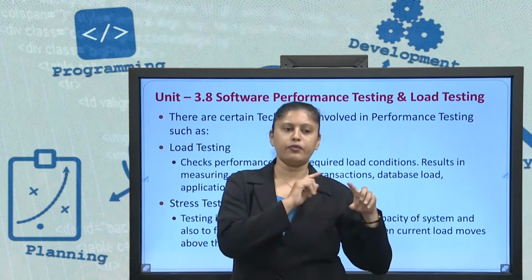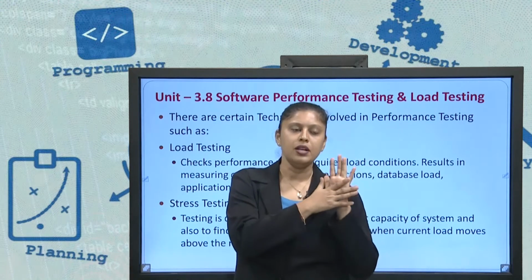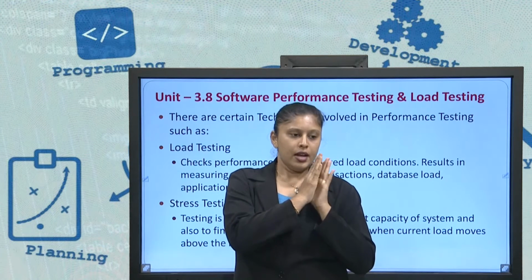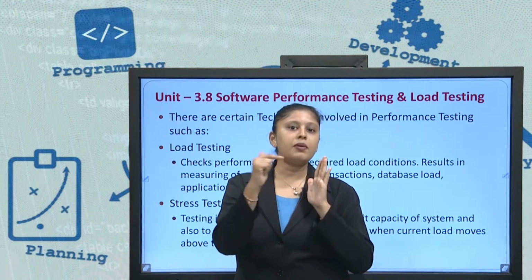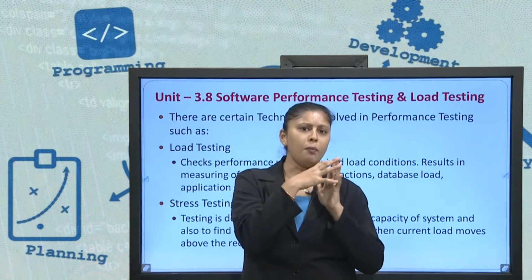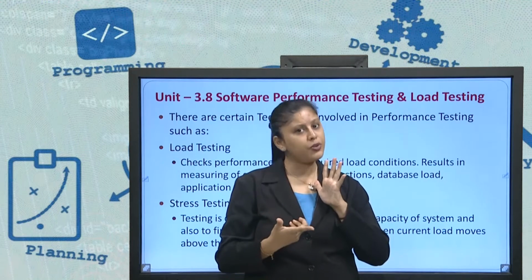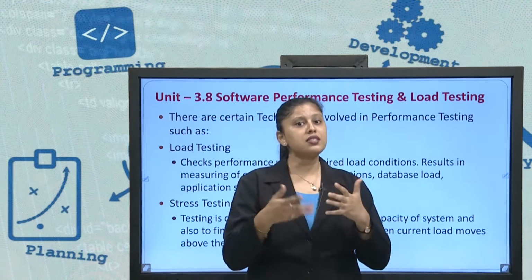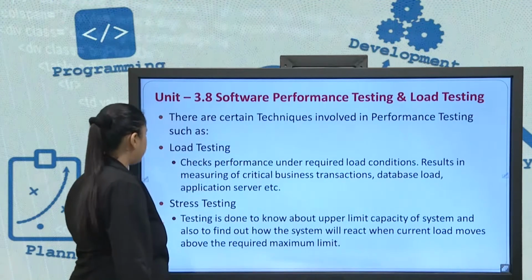For example, the upper limit of the previous system that I discussed in the previous example was 1000 people, right. Now, stress testing will increase it to 1100 people on my particular system. Though my upper maximum limit was 1000, I increase it by 100, alright. Then how is my system going to respond? That comes under stress testing.